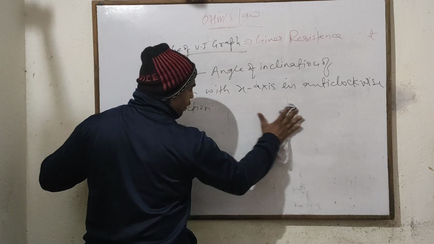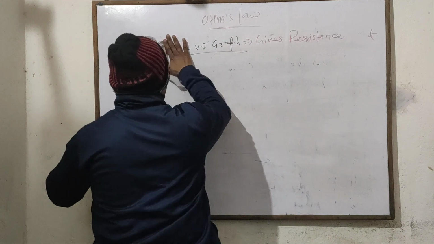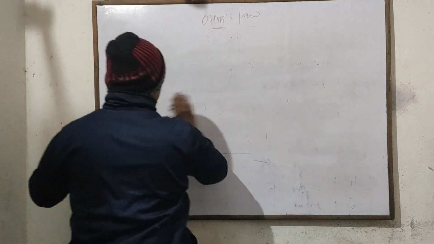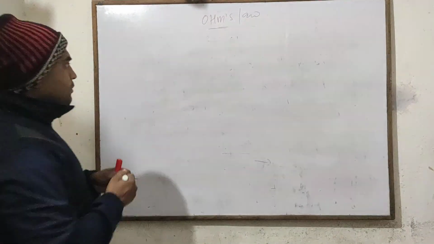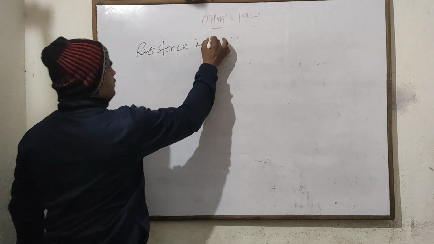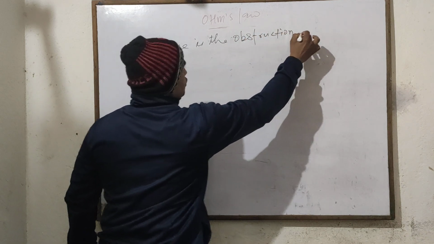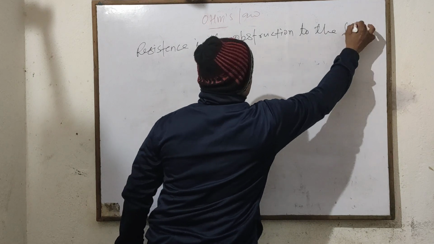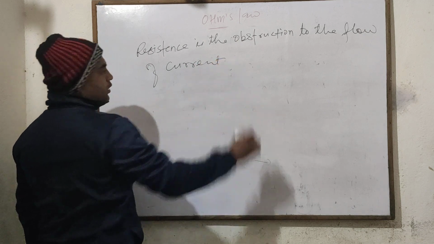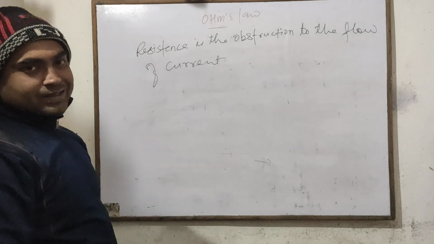We may define resistance as the obstruction to the flow of current. करंट के फ्लो में रुकावट को क्या बोलते हैं? ऑब्स्ट्रक्शन, रेजिस्टेंस.